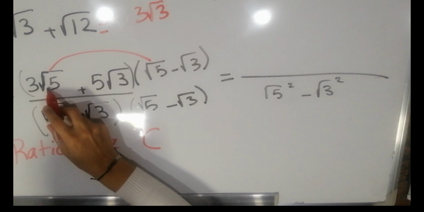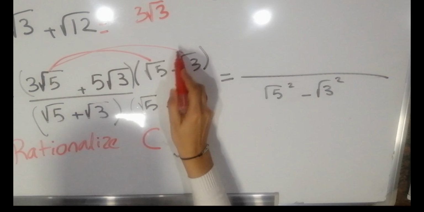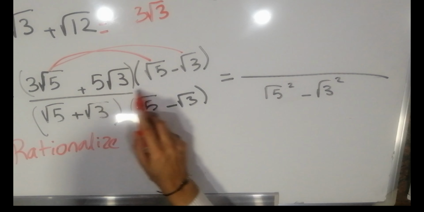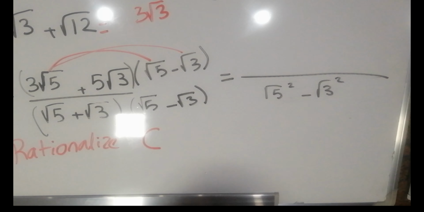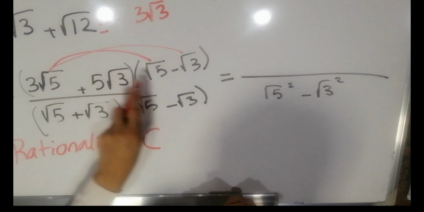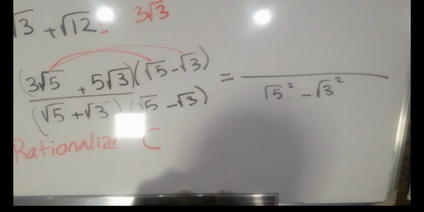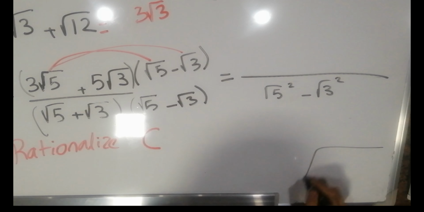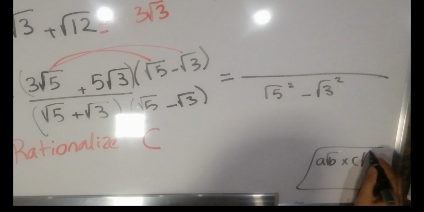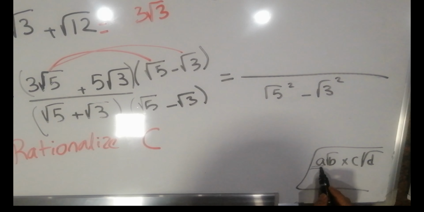So 3 radical 5 we multiply by the first and the second term in the second parenthesis. Also 5 radical 3 we multiply by the first and the second term. Let's start with 3 radical 5. I should remind you that if we multiply a radical b times c radical d, we multiply the outer numbers, a times c, and the numbers under the radicals, b times d, under the radical.